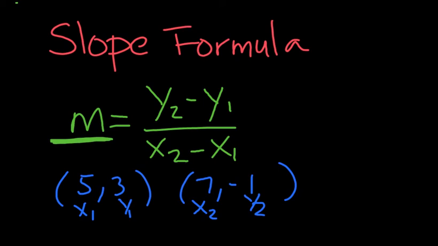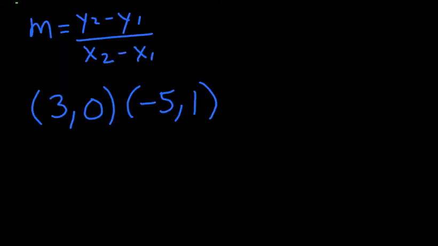So we're actually going to use this formula a lot, so you need to memorize it. Okay, let's see how the formula works. There's the formula at the top. Here's two ordered pairs. You always have to have two ordered pairs to find the slope, which is m, using this formula. So, the first thing you do in order to use the formula is go ahead and label your points.